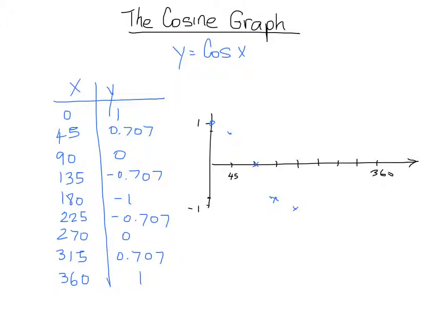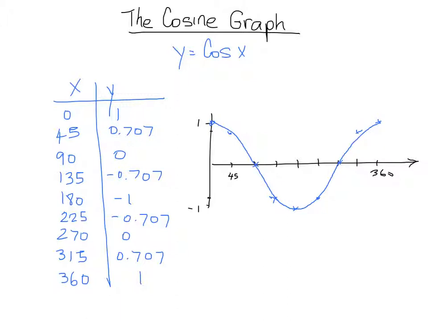Then 225 goes with negative 0.707, 270 goes with 0, 315 with 0.707 up here, and then we end up back at 1. So our graph roughly looks like this. Kind of like a bell, but not exactly.